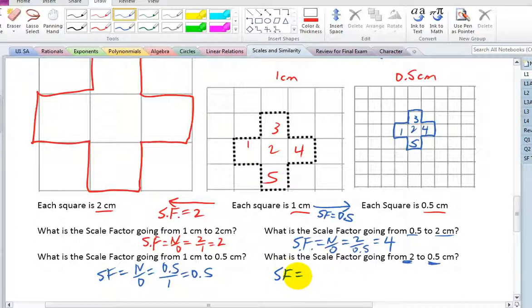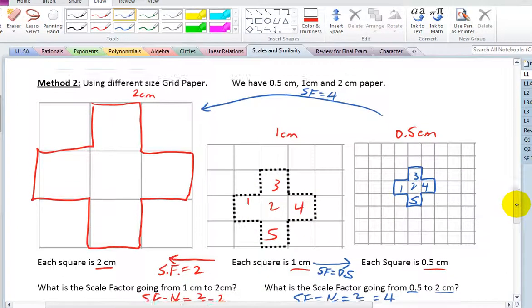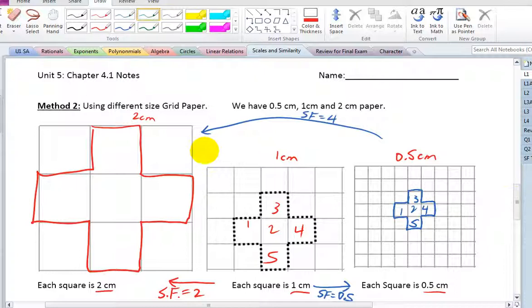And the last combination would be going from the large one to the very small one. So we would flip our fraction. Okay. New over original stays, but now the new becomes 0.5 and the original is 2, so that equals 1 over 4, or 0.25, a quarter. So that's if you go in the other direction, from the large squares to the very small squares, your scale factor would equal 0.25.